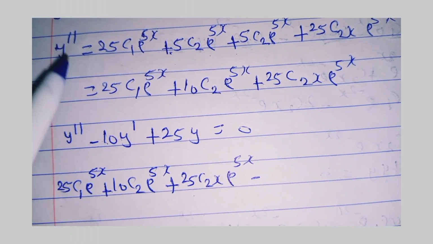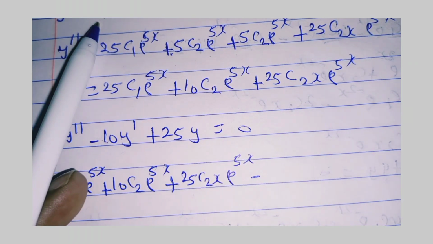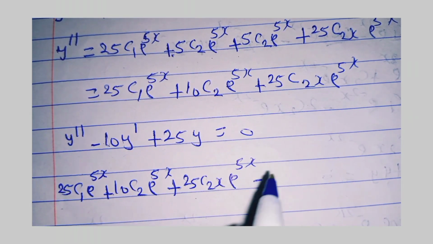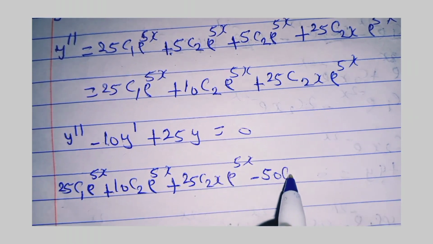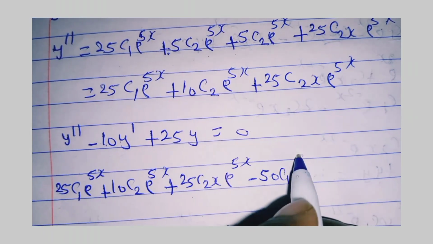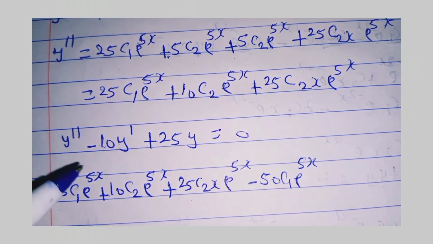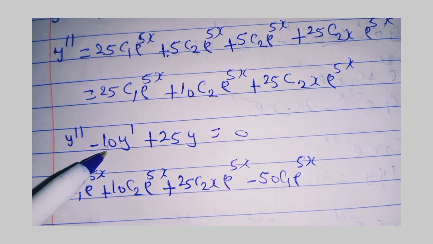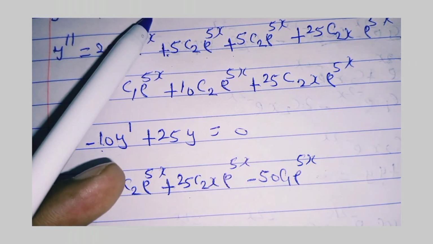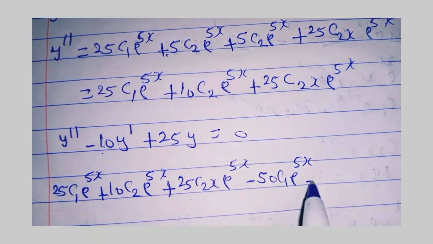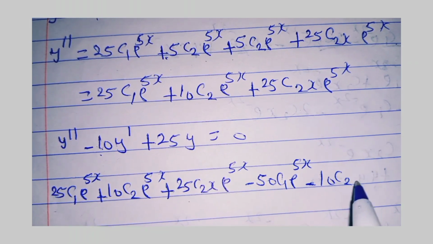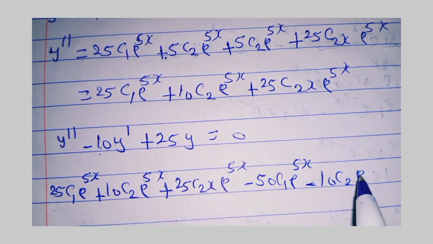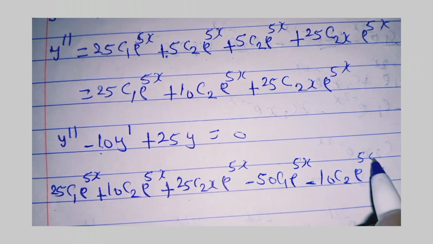So you have negative 10 times 5 c1, which will give you negative 50 c1 exponential 5x. Then you have negative 10 multiplied by c2, which will give you negative 10 c2 exponential 5x.